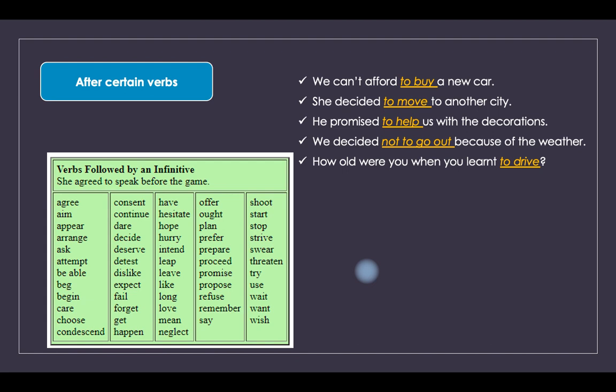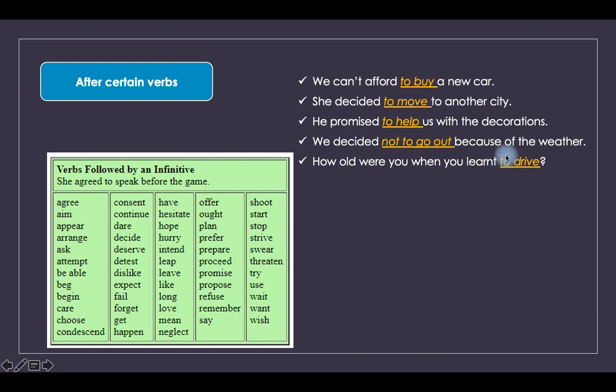He can't afford to buy a new car, so afford is always followed by a verb with to. She decided to move to another city. He promised to help us with the decorations. We decided not to go out because of the weather. How old were you when you learned to drive?